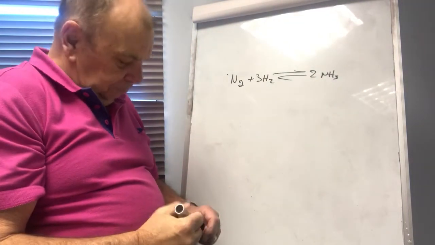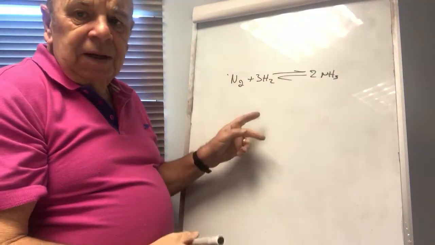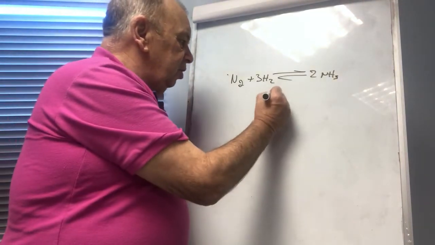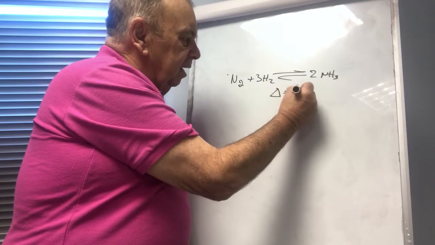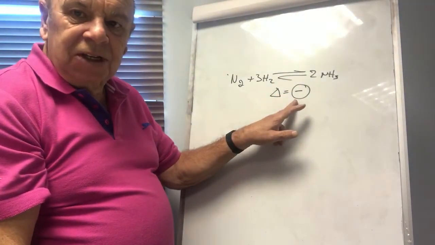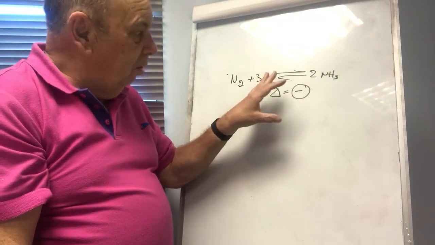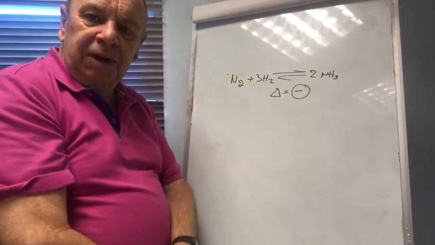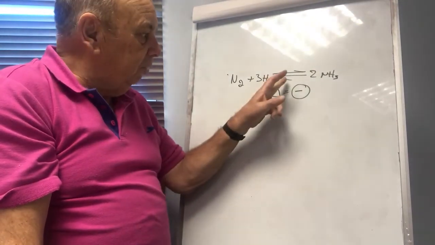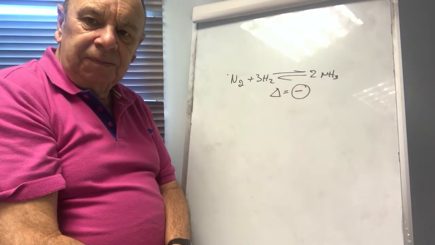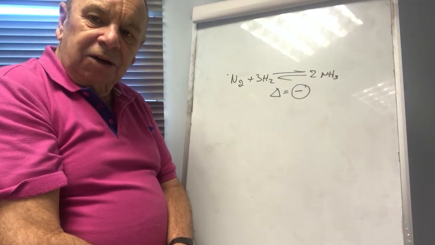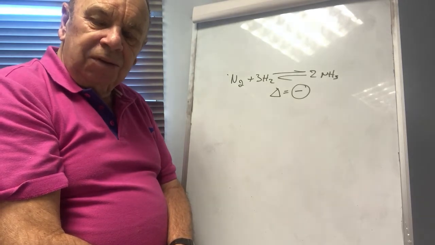Now, the enthalpy change, delta H, is negative, and negative indicates an exothermic reaction, but we want it really to be an endothermic reaction, because endothermic reactions are favoured by an increase in temperature.